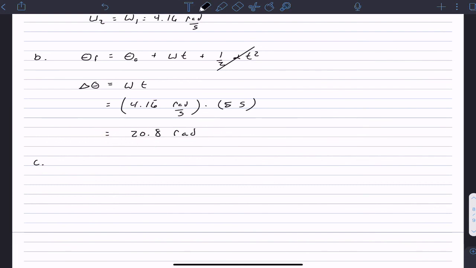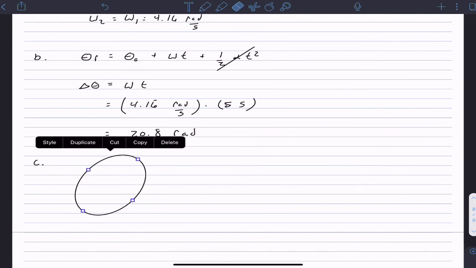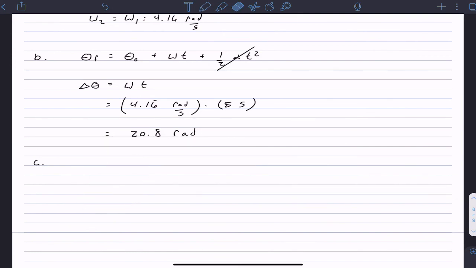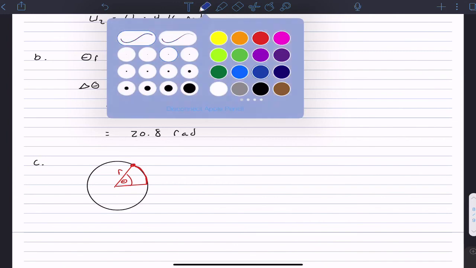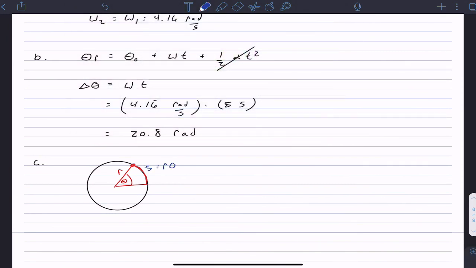If we recall basic geometry, we have an arc, and this arc is equal to r theta. This is r, this is theta. This arc here is s equals r theta.